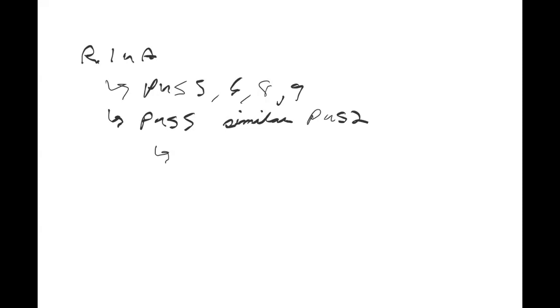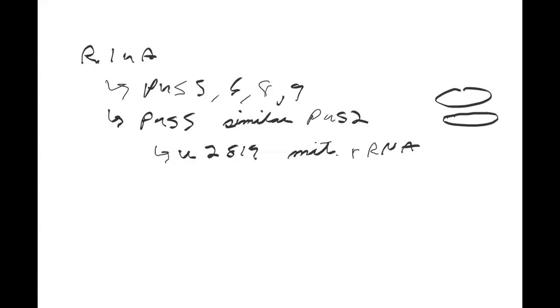Now what this does is it's modifying U2819 in the mitochondrial ribosomal RNA. Okay. Now there's, like I said, there's different types of ribosomal proteins, right? So in this case, we have what is called a 21S ribosomal RNA in our mitochondria.